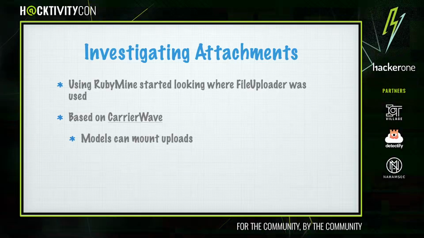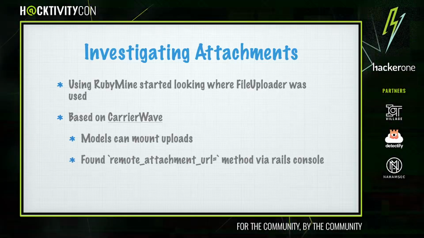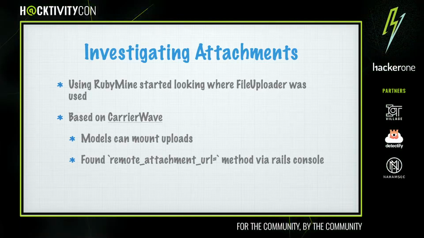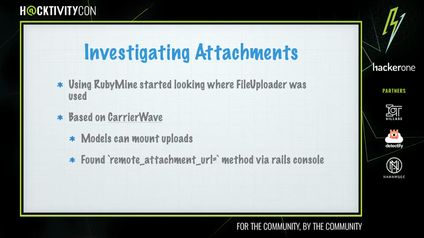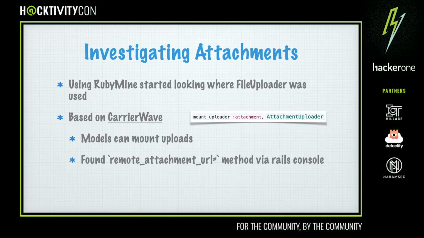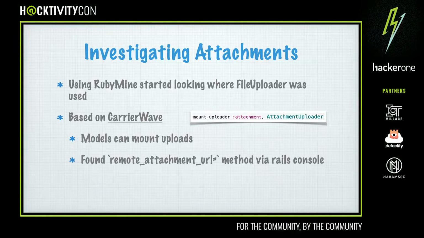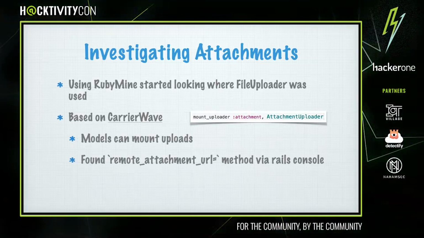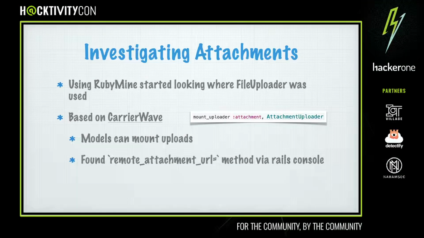And while trying a few things out in the Rails console, I noticed a method called remote_attachment_url, and it didn't seem to be defined anywhere in GitLab. It turns out that when you use the CarrierWave method mount_uploader, it creates a bunch of other helper methods as well. This one allowed a URL to be given, and it would go download the URL and attach it to the model as a file.